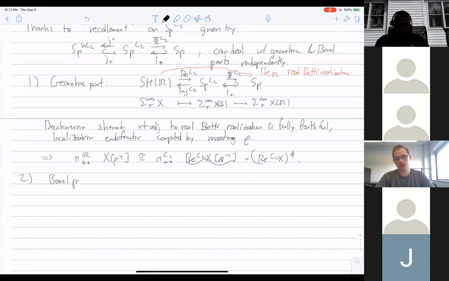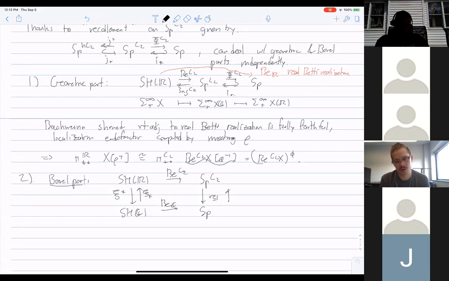As for the Borel part, let me return to that picture from before. So I have SHR, SHC, base change, then C2 spectra, restriction, spectra, and that's realization. Now, adjoint to base change, I also have the push forward functor, and likewise the induction functor.